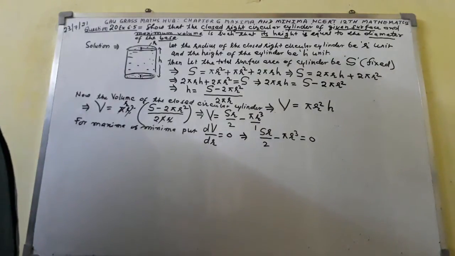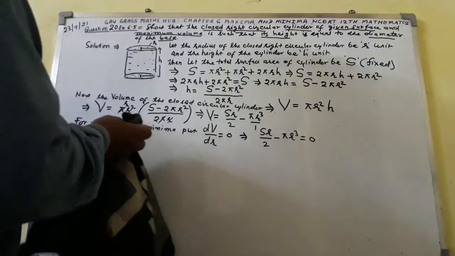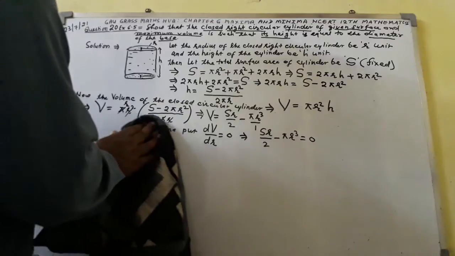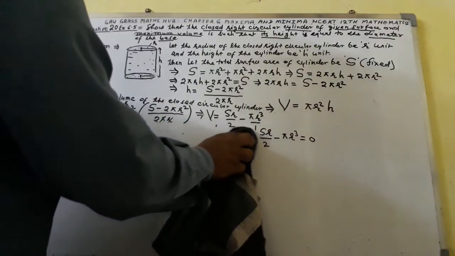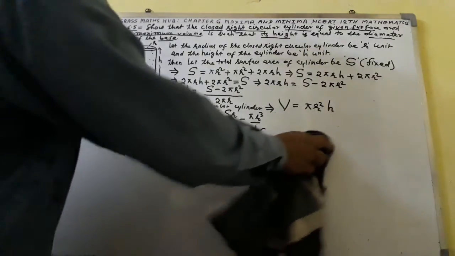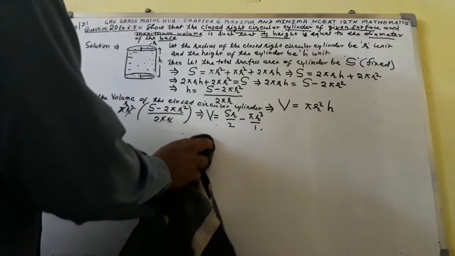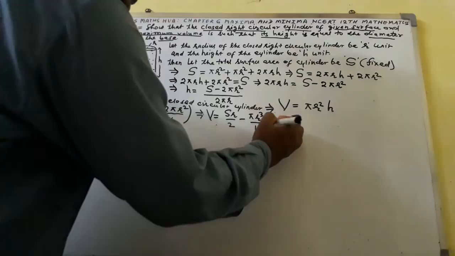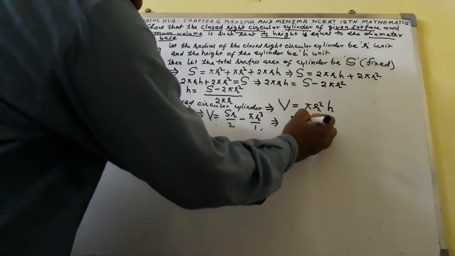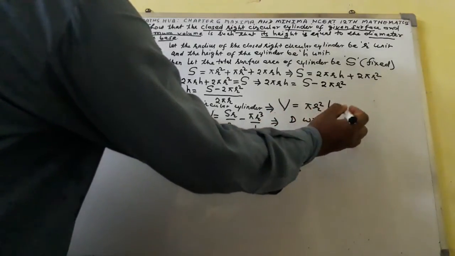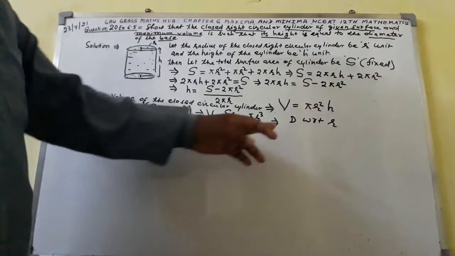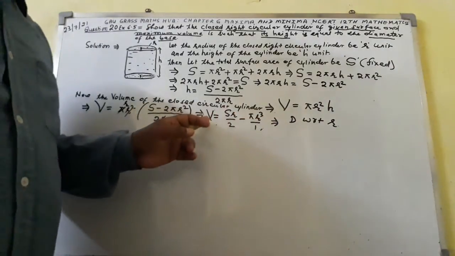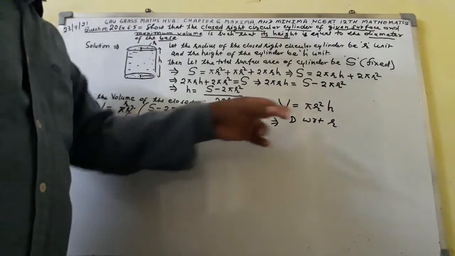dV over dr we have to find out. So this is not correct. What we shall do here, I shall write d with respect to r, means differentiating V with respect to r.